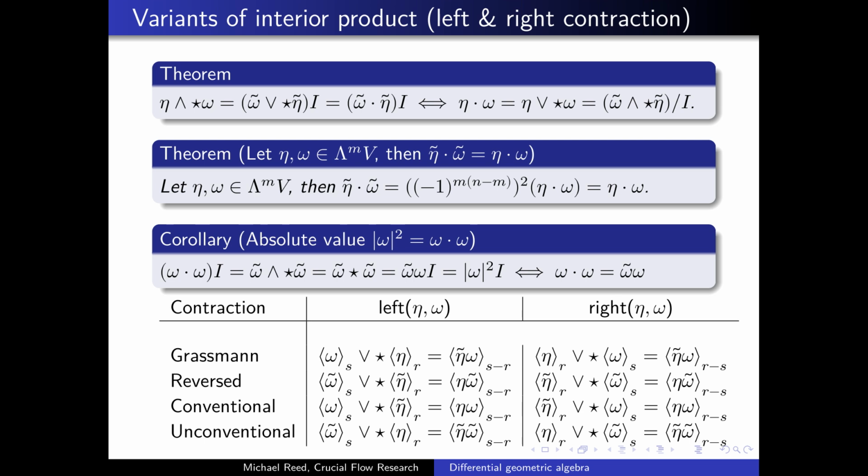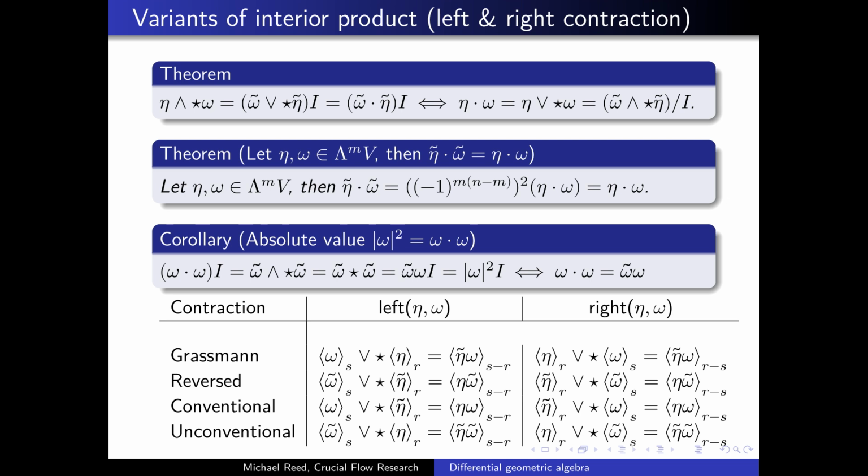It was s minus r and r minus s. And due to the way grade projection works, you can't have negative grades, so the operation is just 0 when it's negative. And so that is the difference between these two operations: how the grade projection behaves based on the parameter s minus r or r minus s, which is determined by the grades of the input elements eta and omega, r and s.